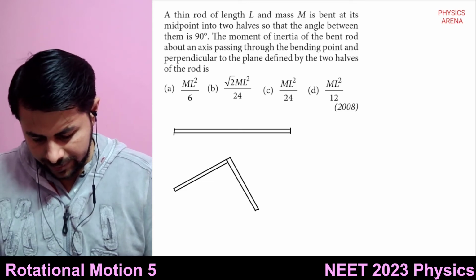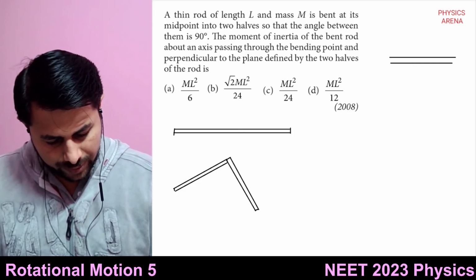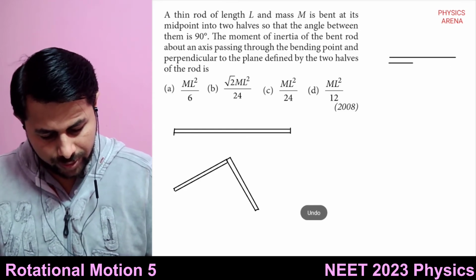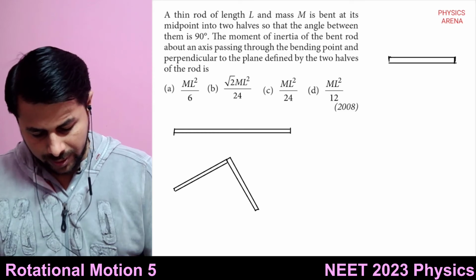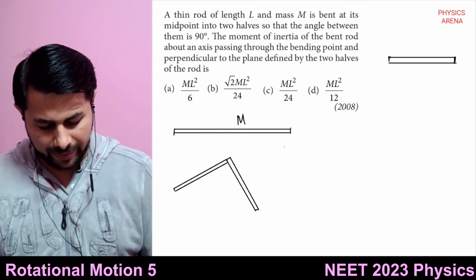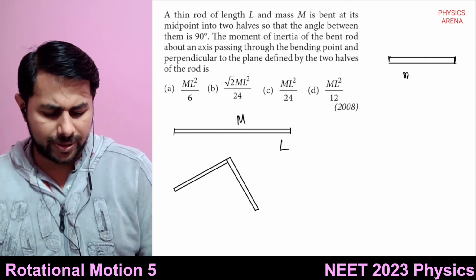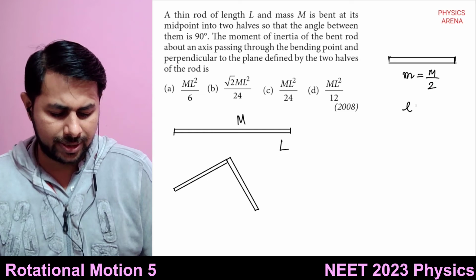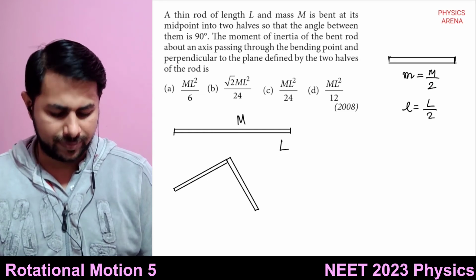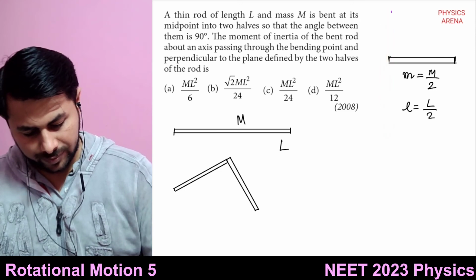For the whole rod, mass is m and length is L. For this one, mass is small m, which is M by 2, and length is small l, which is L by 2. So how much would be its moment of inertia about this axis?